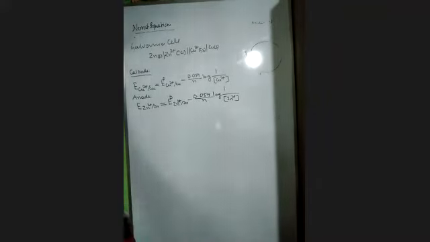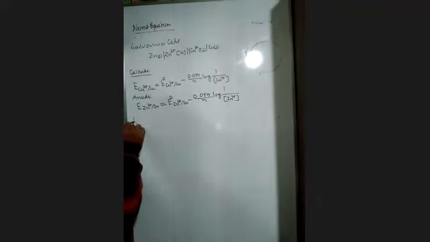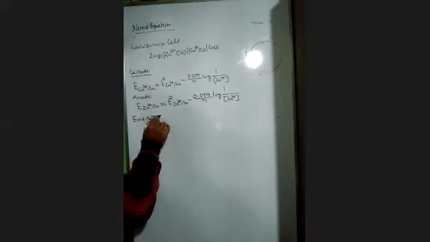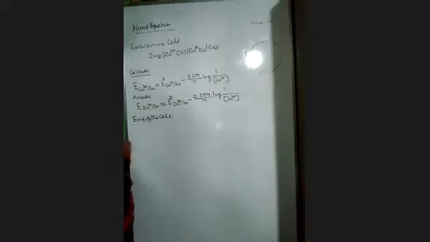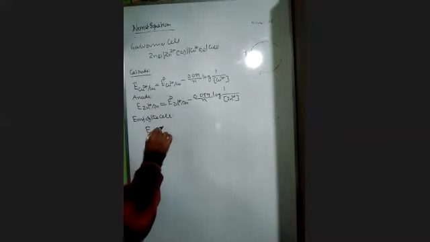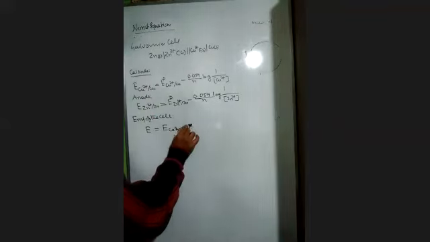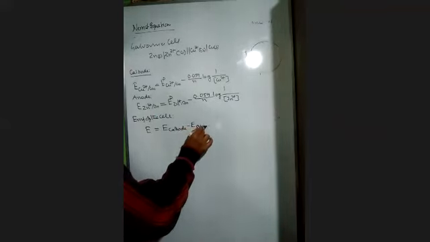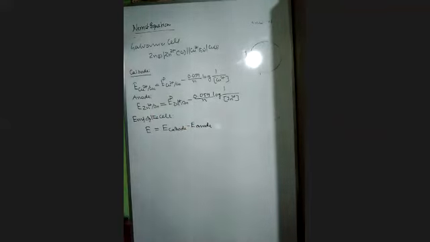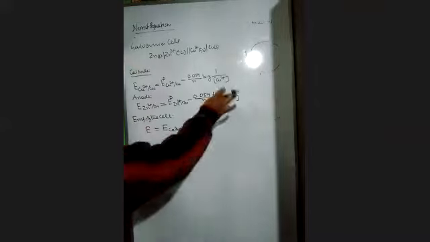Now for EMF of the cell. We know E is equal to E cathode minus E anode. So E cathode you know, E anode you know. All right, so we'll put it.